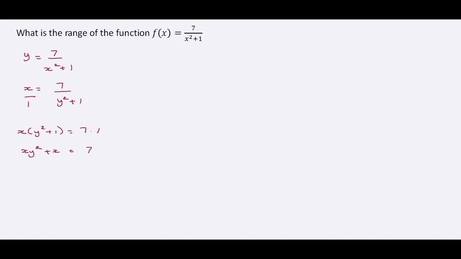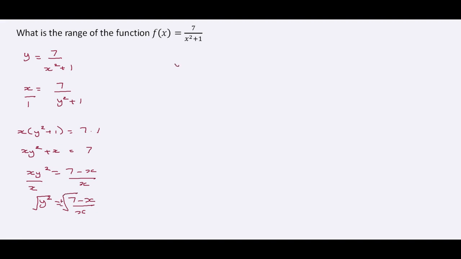We're going to isolate any variable with y on the left hand side. So we have xy² equal to 7 - x. We divide both sides by x. And then we have y² equal to (7 - x)/x. Now we're going to take a square root of both sides, so plus or minus.